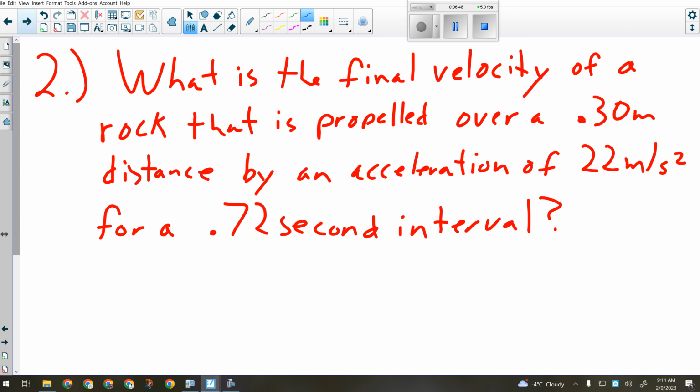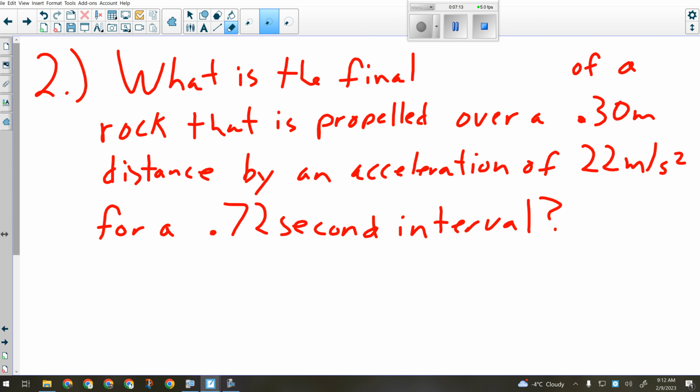Okay, final velocity. Ooh, I missed something in this one. What is the final velocity of a rock that is propelled over a 0.30 meter? This shouldn't be velocity. Based on the rest of the question, guys, why should that not be velocity? No direction.